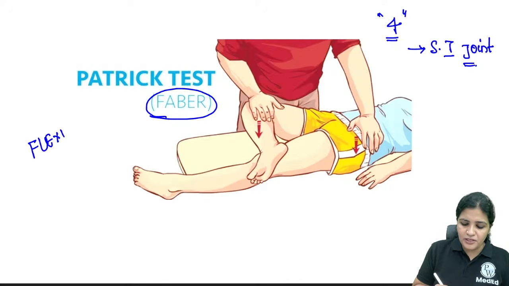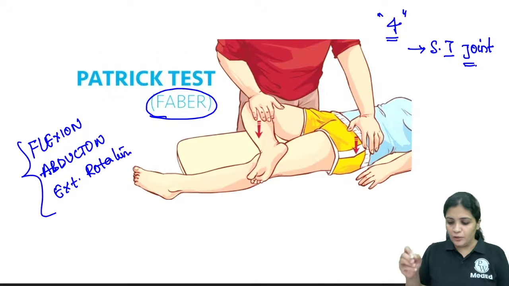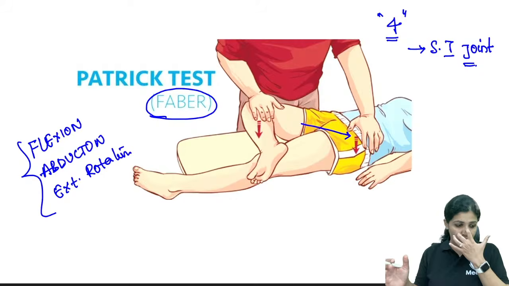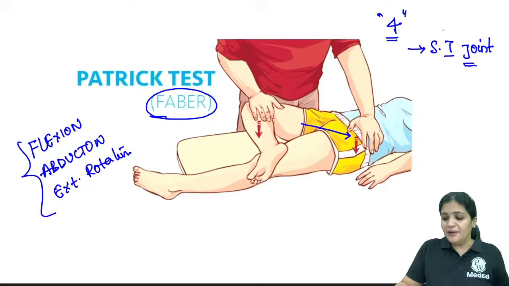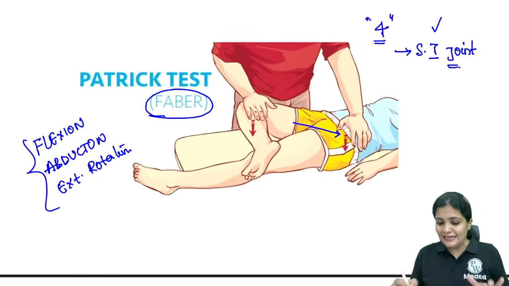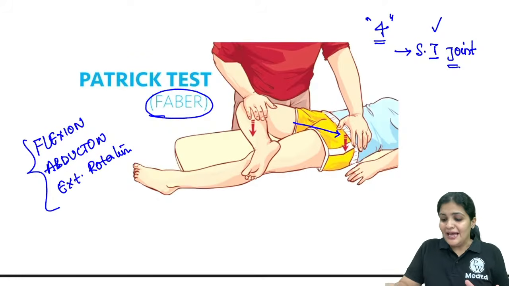Because we are going to do this maneuver of flexion, abduction and external rotation. So all these three maneuvers we are doing on the hip, and hence whenever we do this hip and now you put the opposite hand and compress it or you distract it, the patient will have pain in the SI joint, right?